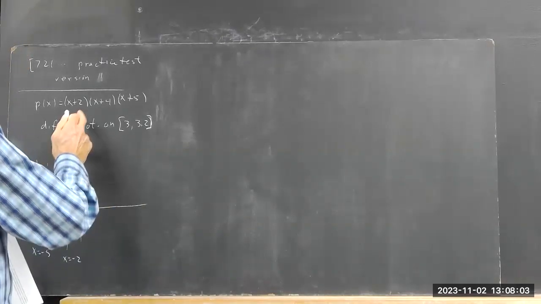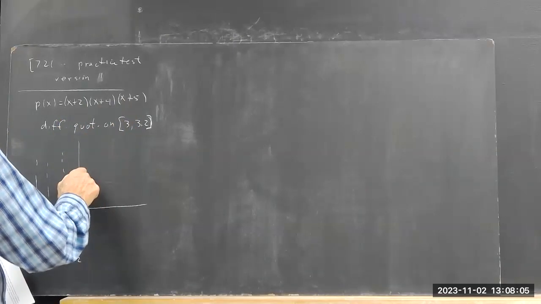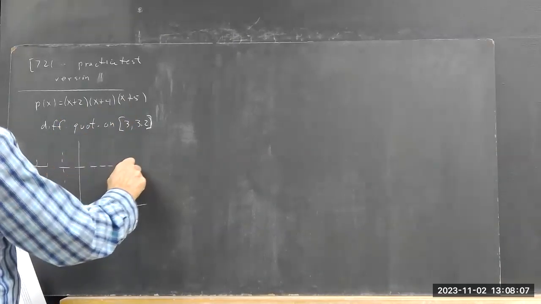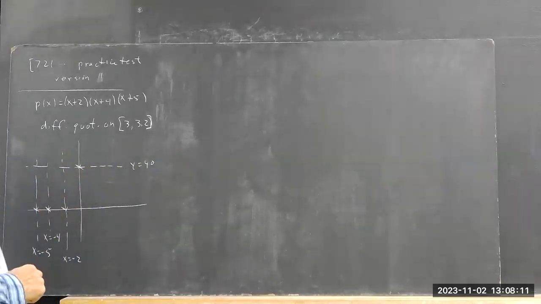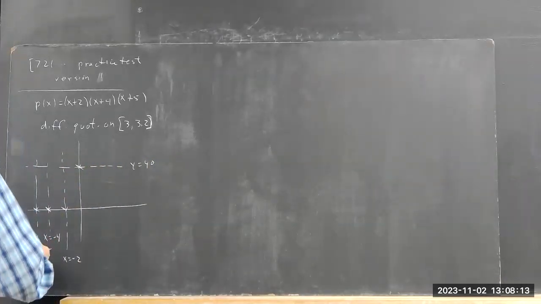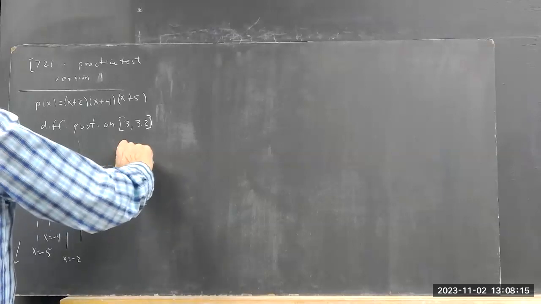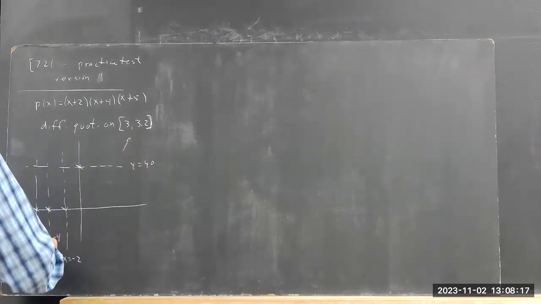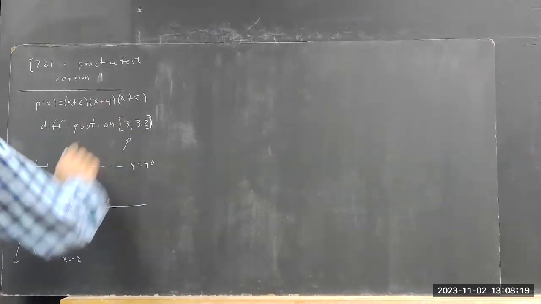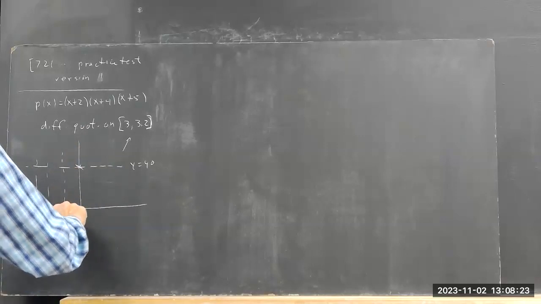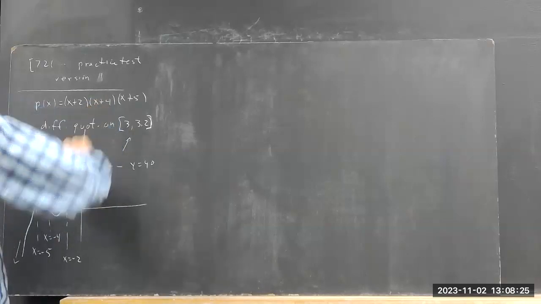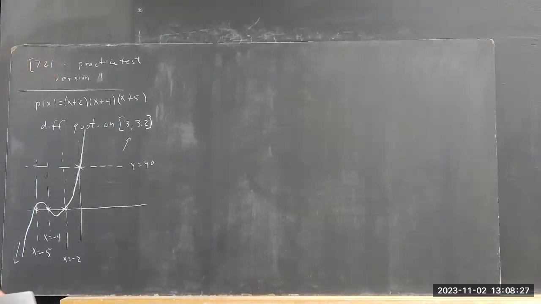Our y-intercept is 2 times 4 times 5, which is 40. So here we have this. The long run behavior is down here and up here. So we come up through here, down through here, up through here, and then we just head on.